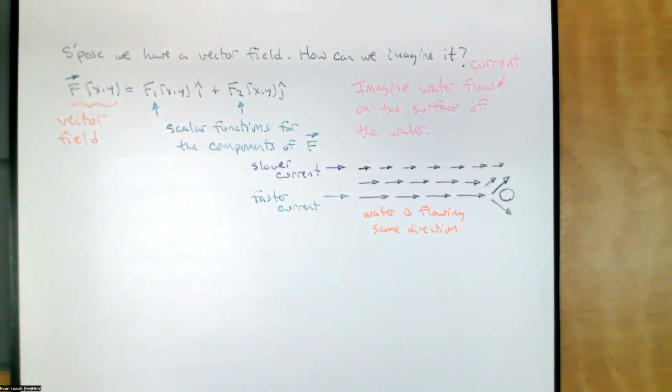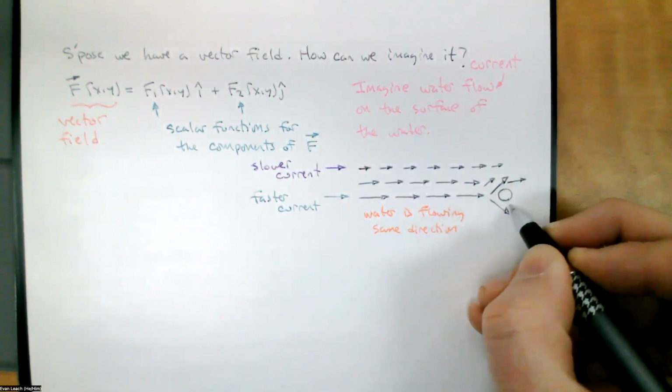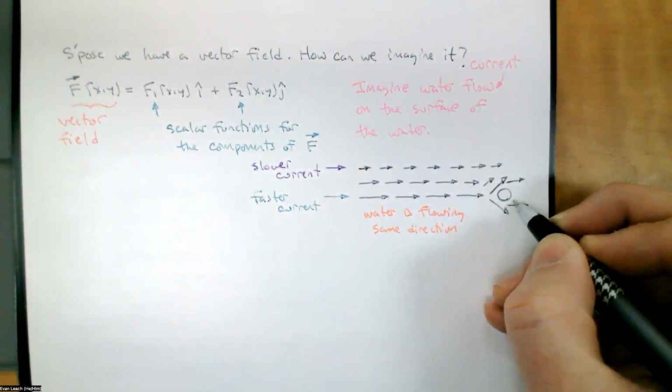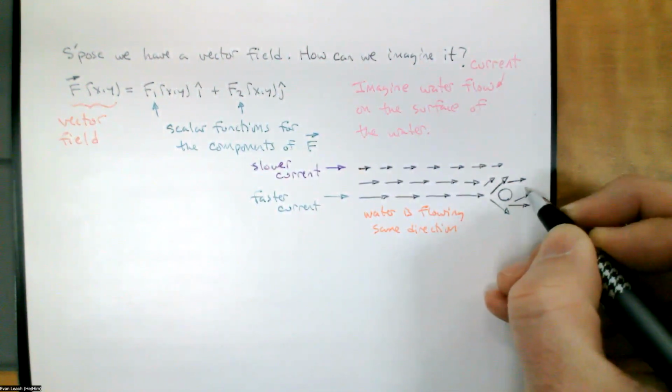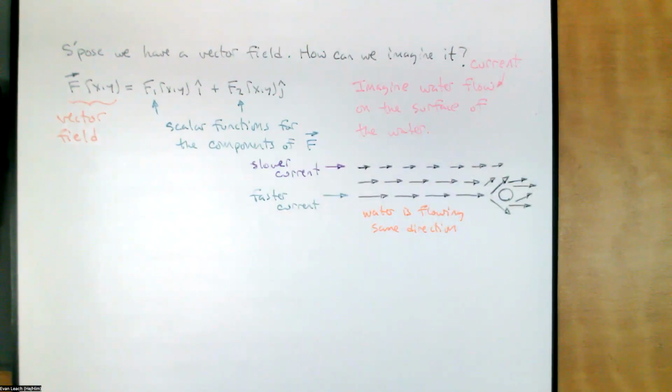I'm not a fluid dynamics guy, so don't at me. But if we look at all those points, we might see the water flowing around. I know I made it too round for the water to just flow around. Just don't at me.